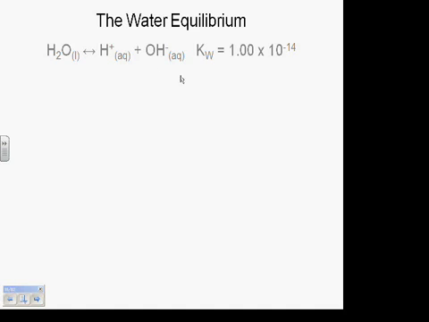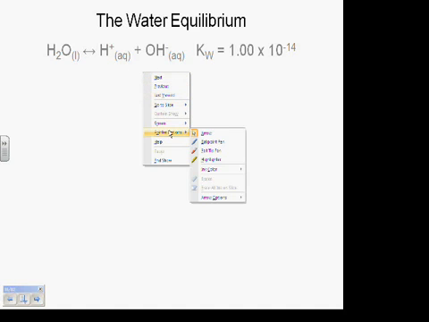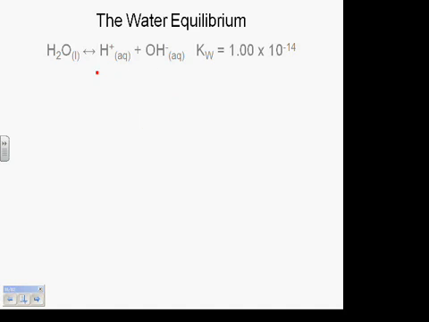The stoichiometry here is one-to-one. So in pure water, the concentration of hydrogen ions is always going to be equal to the concentration of hydroxide ions, because if one of these breaks up, it's going to give me one of those and one of those. So these concentrations are always going to be equal.